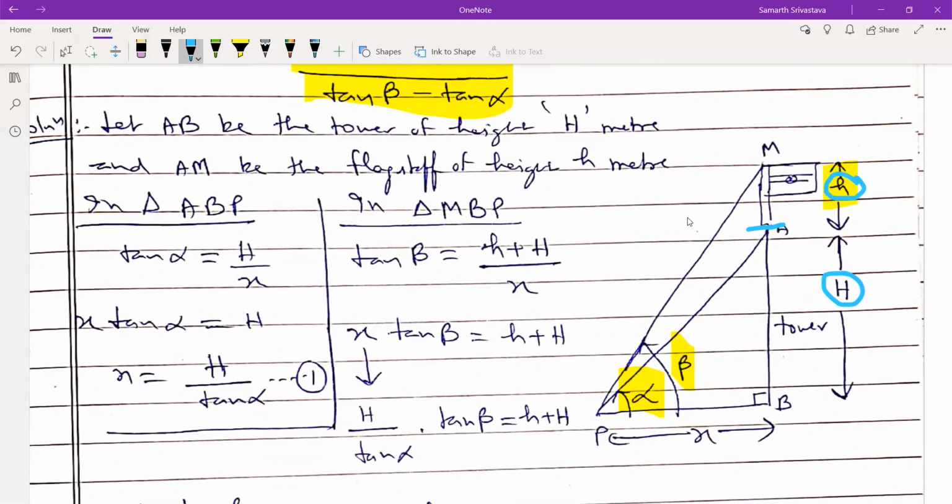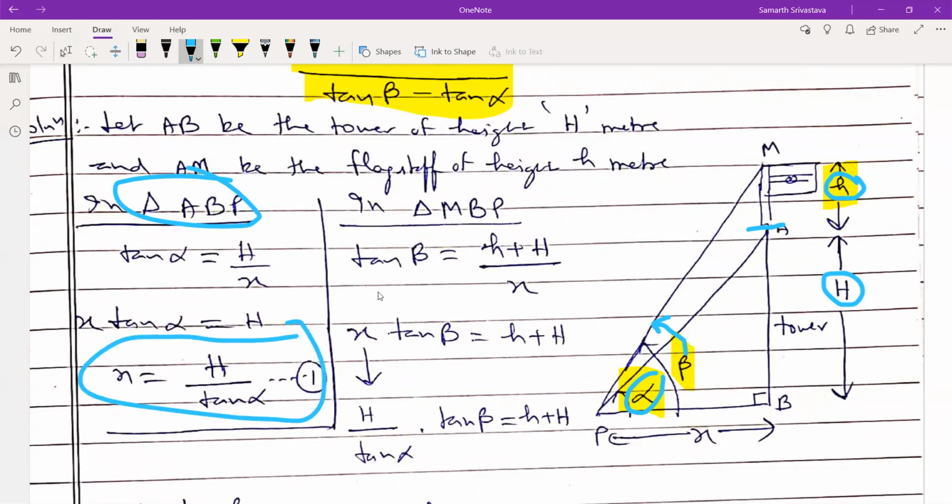And now, as per the question, I have drawn the diagram from point P. The angle of elevation of the top of the tower is alpha and that of the top of the flagstaff is beta. So in triangle ABP, tan alpha is equal to capital H upon x. That is, H is equal to x tan alpha, or x is equal to capital H upon tan alpha.